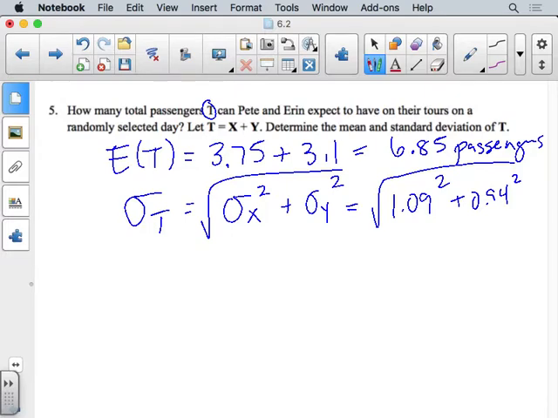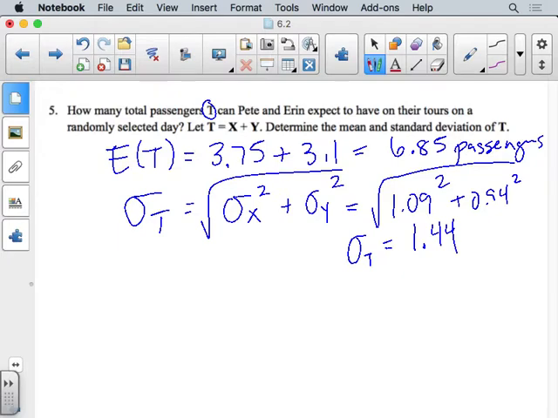But they're not just a straight one-to-one add. They're kind of this weird mixture. So you just do in your calculator 1.09 squared plus 0.94 squared. Let's see. I got 1.44, I think. So do the square root of those.